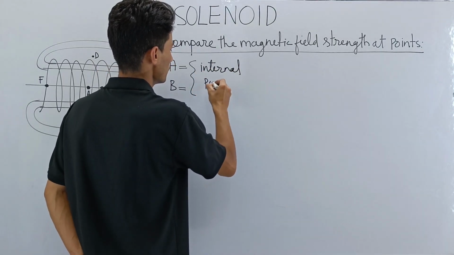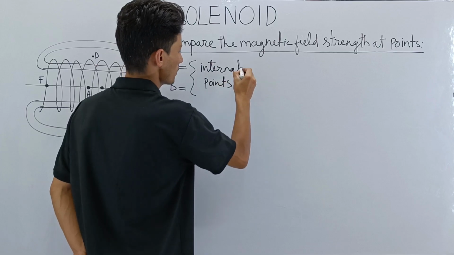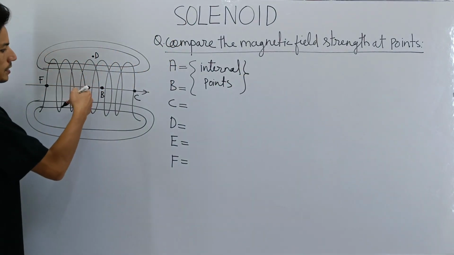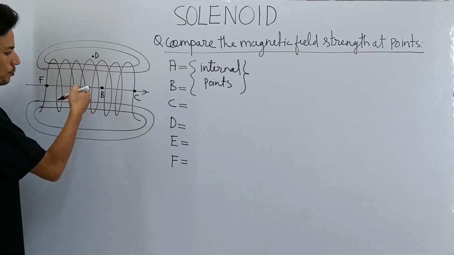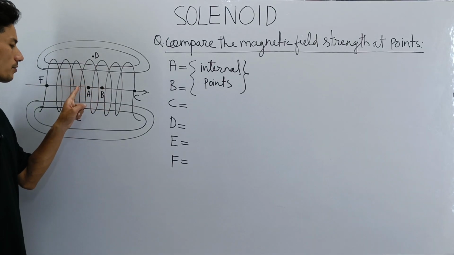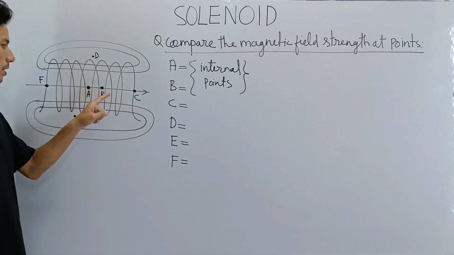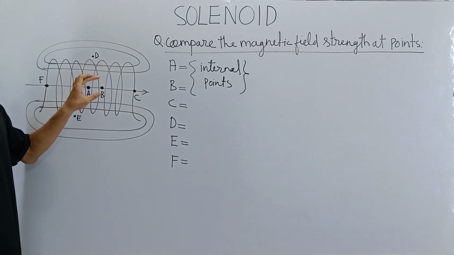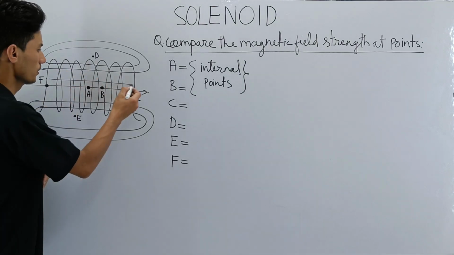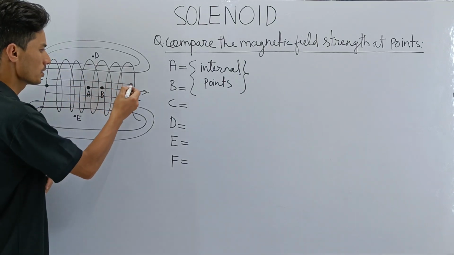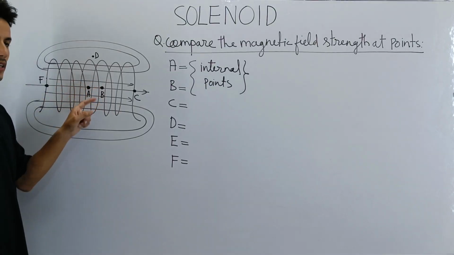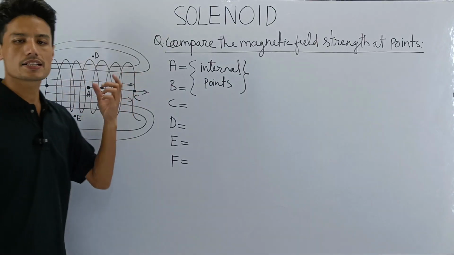Since both point A and point B are internal points, the strength of the magnetic field at point A and point B will be the same. Why? Because they are inside the core of the solenoid, and inside, you know that the magnetic field lines run parallel. So the strength of the magnetic field at points A and B, being internal points, will be the same.